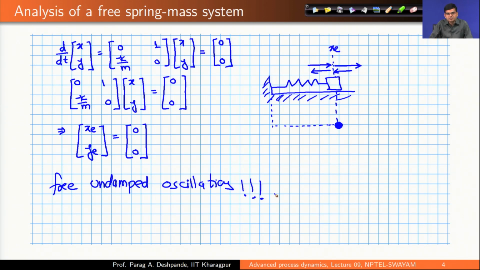The magnitude of oscillation does not change with time, it sustains. In the next lecture, we will see that it can happen that with time the magnitudes of oscillation may change, or there may be no oscillations at all. Under what conditions will it happen? We will take this up in the next lecture. Thank you.